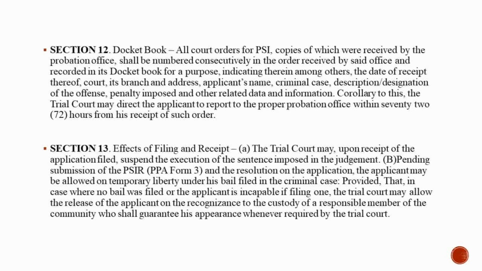The applicant may be allowed temporary liberty under his bail filed in the criminal case, provided that in the case where no bail was filed or the applicant is incapable of filing one, the trial court may allow the release of the applicant on recognizance to the custody of a responsible member of the community, who shall guarantee his appearance whenever required by the trial court.